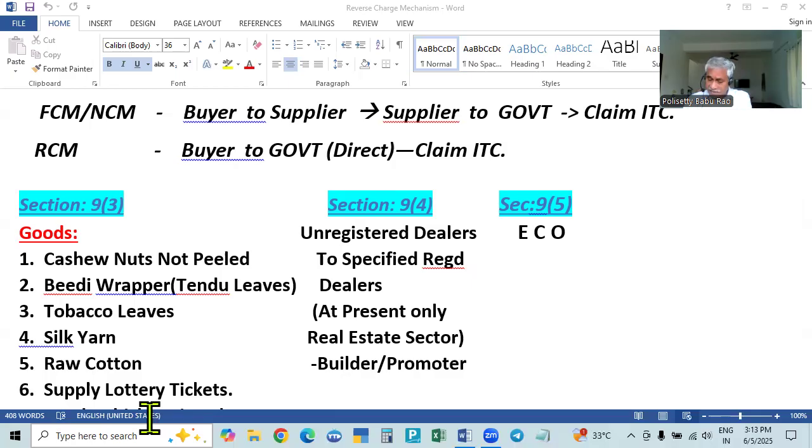Okay. And then the next one, we can take as another one. Section 9, subsection 3, deals with the reverse charge mechanism applicable for certain types of specified goods. So only for the specified goods and services will this reverse charge mechanism be applicable.